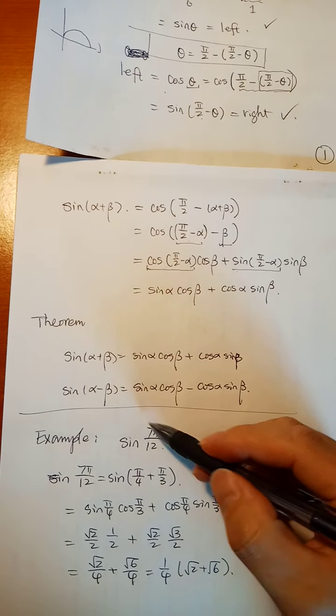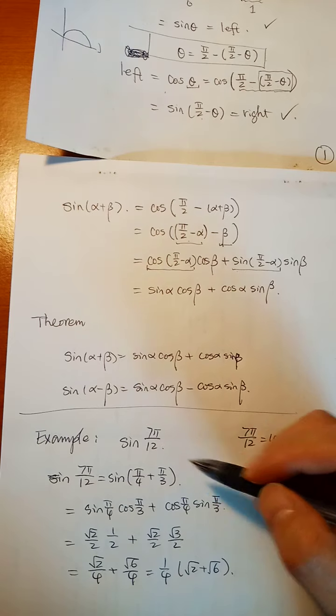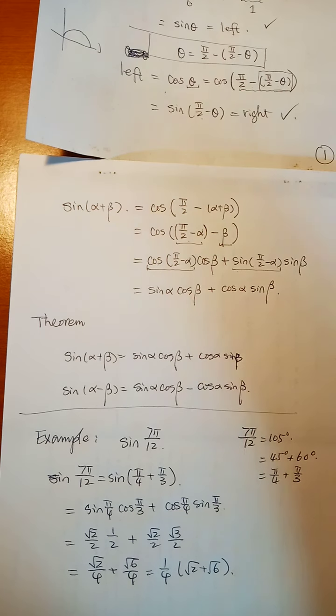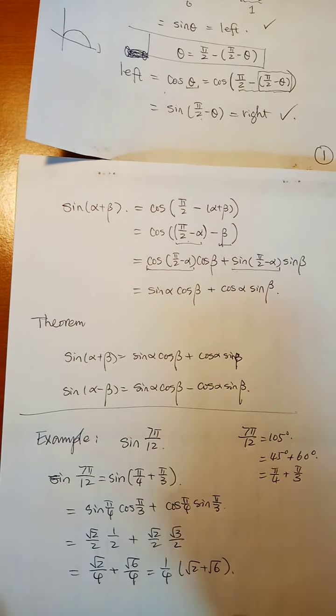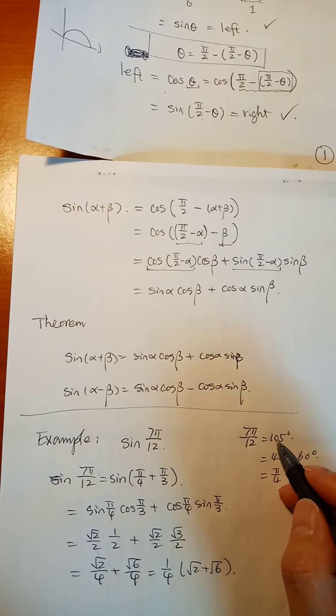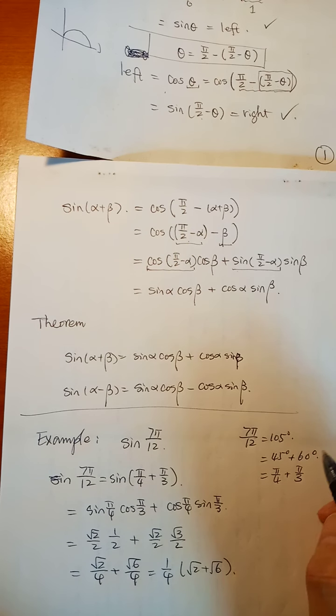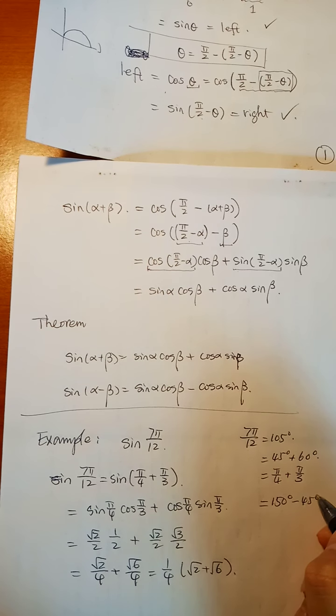To evaluate or to find such an exact value, you actually just try to get the correct decomposition. Here you can write it as 45 plus 60. You can also write it like 150 minus 45.